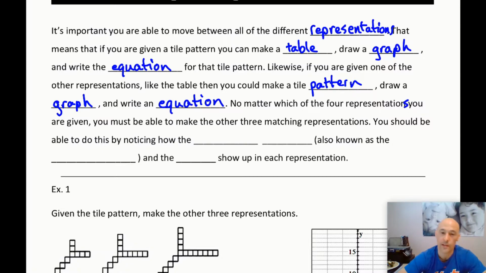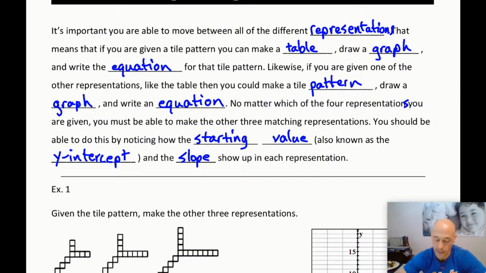You should be able to do this by noticing how the starting value, also known as the y-intercept, and the slope show up in each representation.